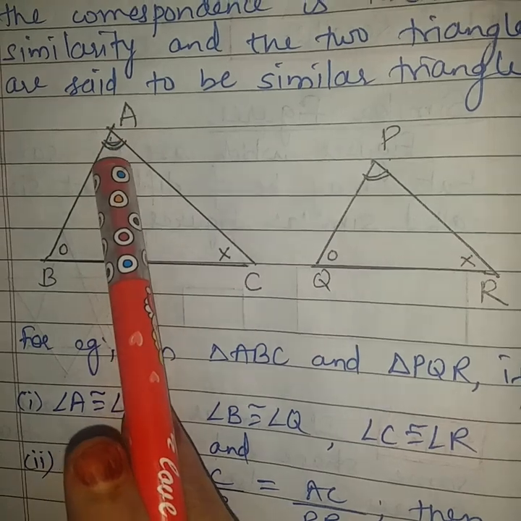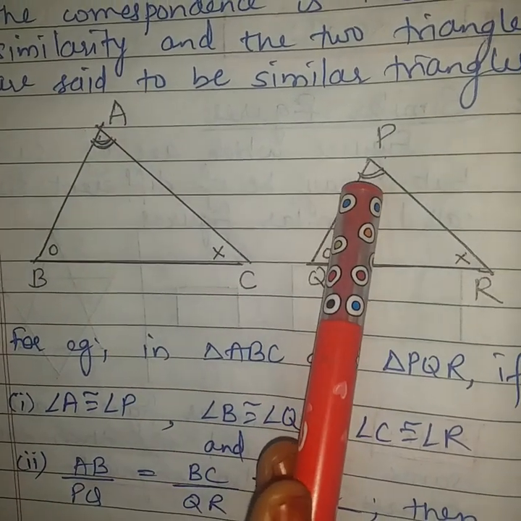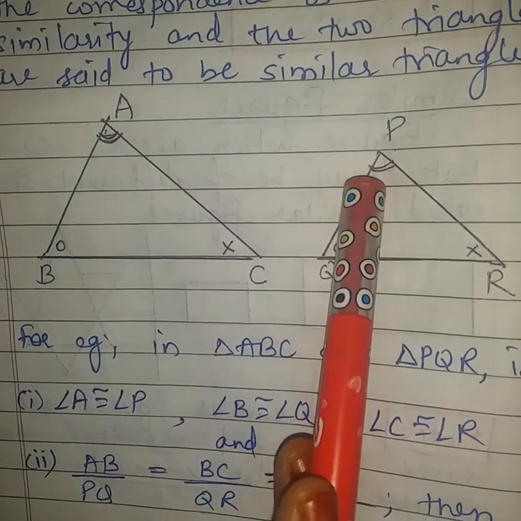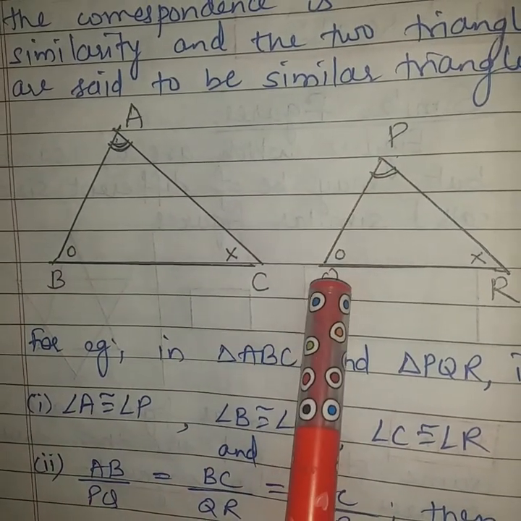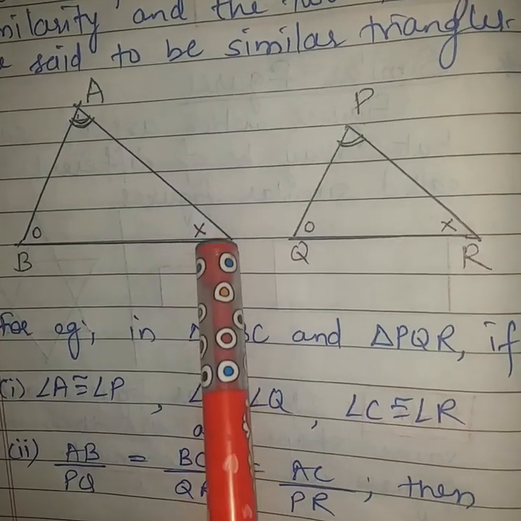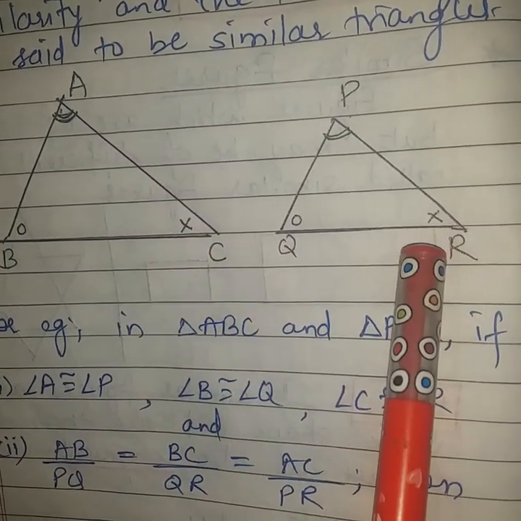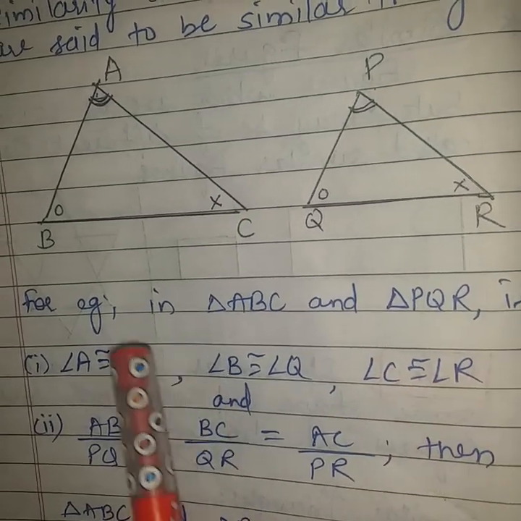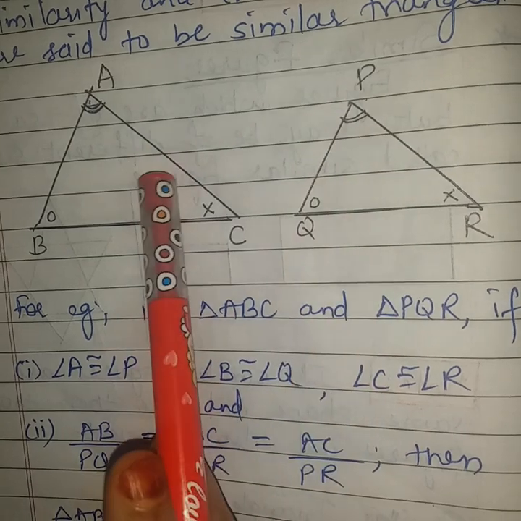So angle A and angle P have the same identical marks. Therefore, angle A is congruent to angle P. Similarly, B and Q have same identical marks, so angle B will be congruent to angle Q. And lastly, even angle C and angle R have the same identical marks. Therefore, angle C will be congruent to angle R. That means the corresponding angles of the two triangles are congruent.